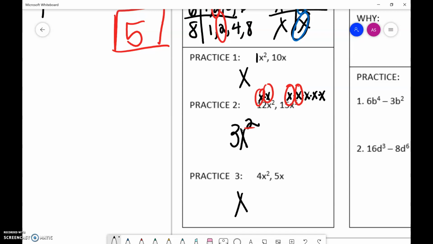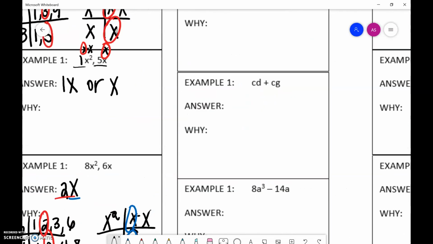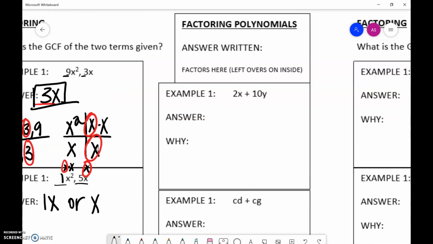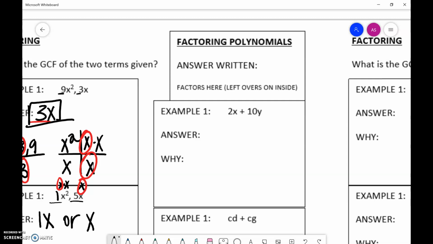All right, so now, part 2. This is where we're going to be working backwards, meaning we're still going to find our GCF as the first step, but then we're going to keep what's left over on the inside.